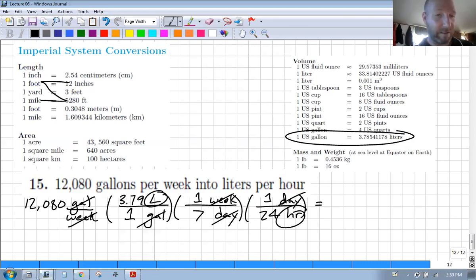So we take 12,080 times 3.79, divide by 7 and divide by 24, which gives me 272.52 liters per hour.